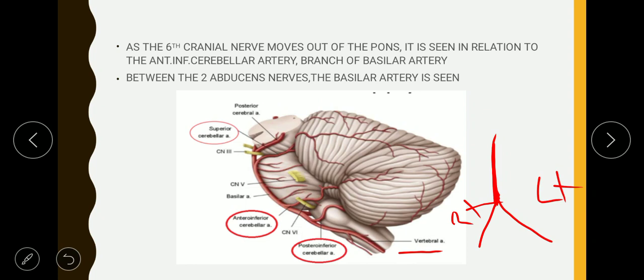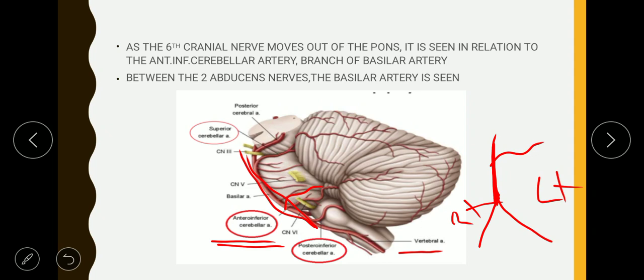There is a branch of the basilar artery known as the anteroinferior cerebellar artery, and this artery is seen in relation to the 6th cranial nerve.